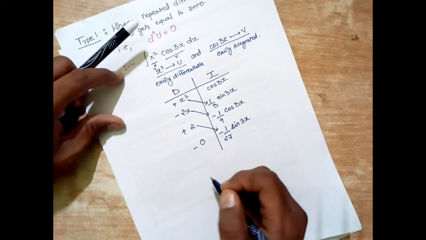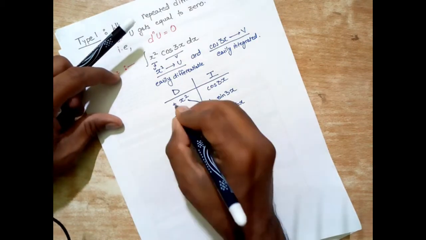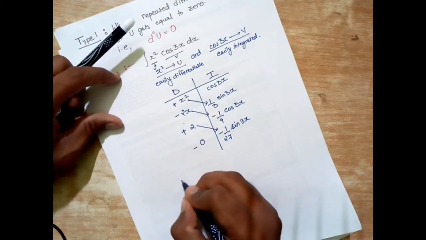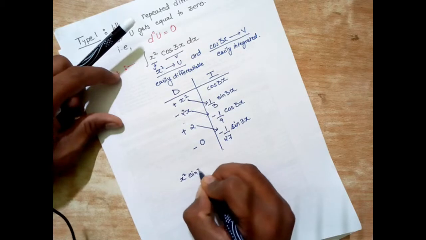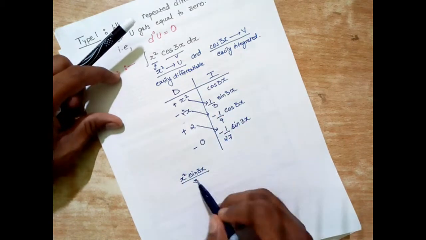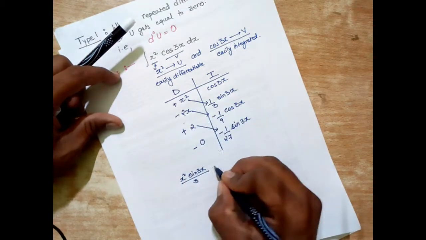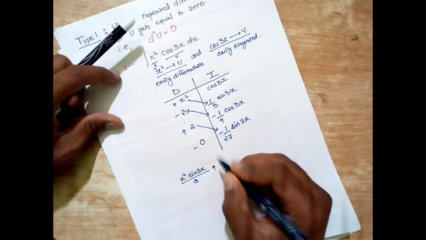So what we are getting as we move further, we are getting x square sine 3x by 3. This plus will be ignored as it is not necessary to put. Then minus into minus turns out to be positive.